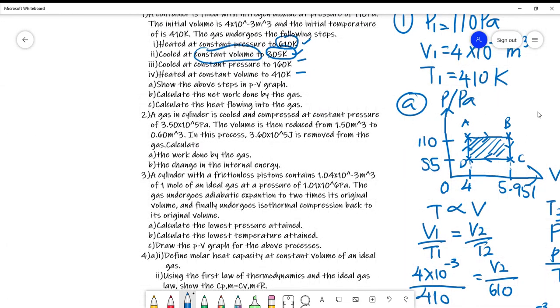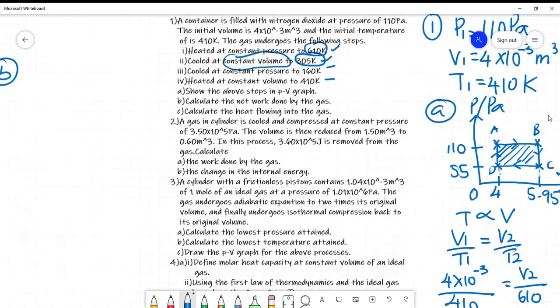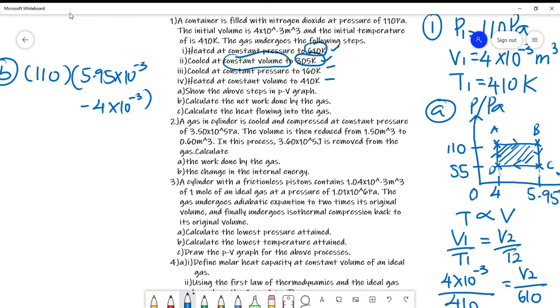The area of the big surface area is 110, the length, times 5.95 times 10 to the power negative 3 minus 4 times 10 to the power negative 3, minus the 55.